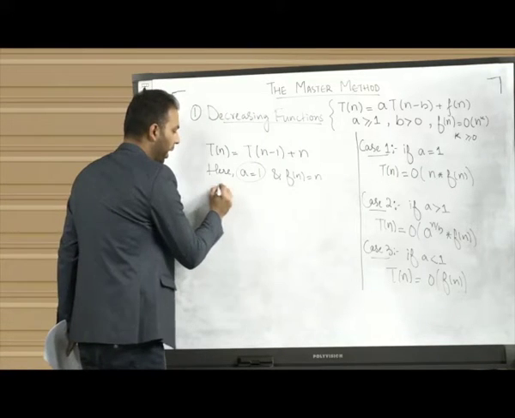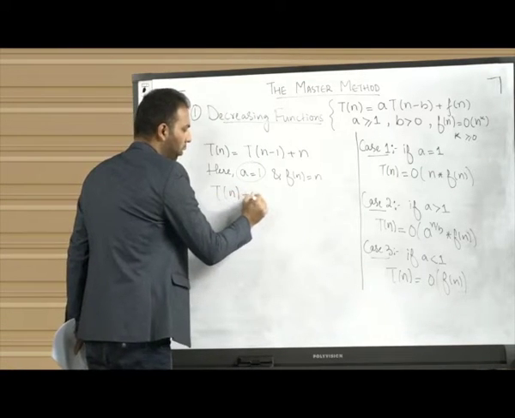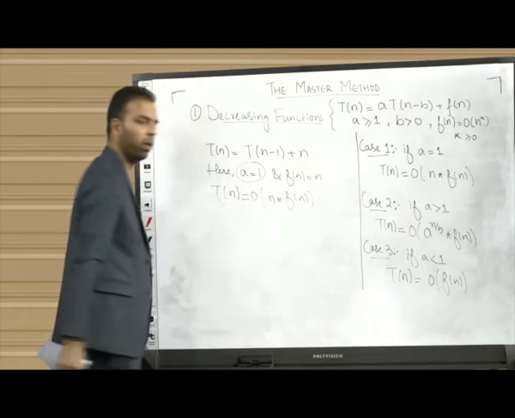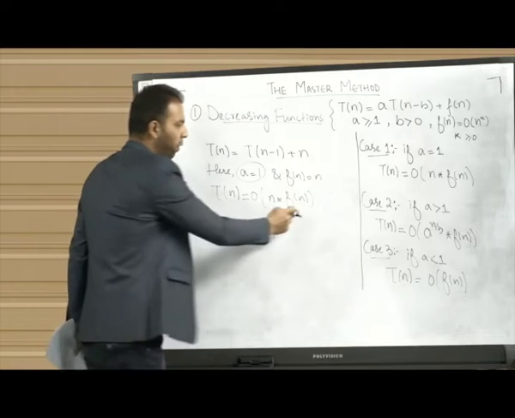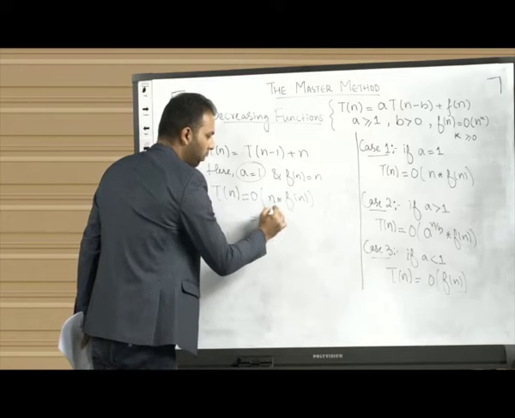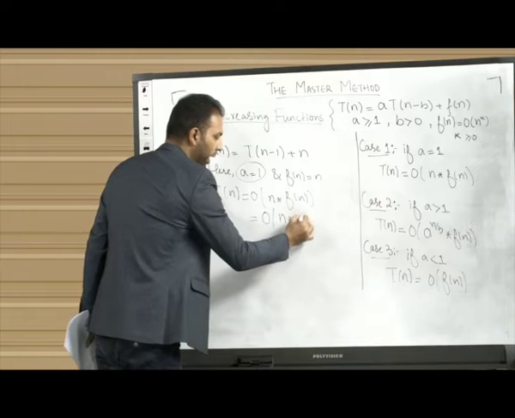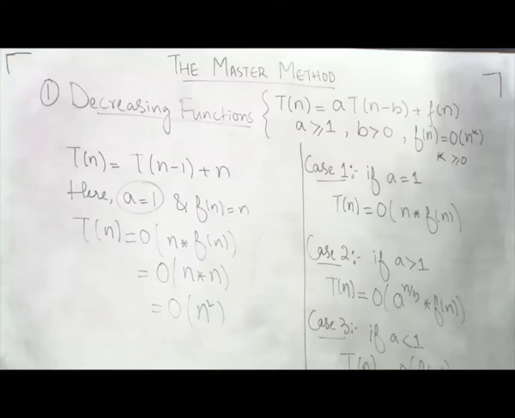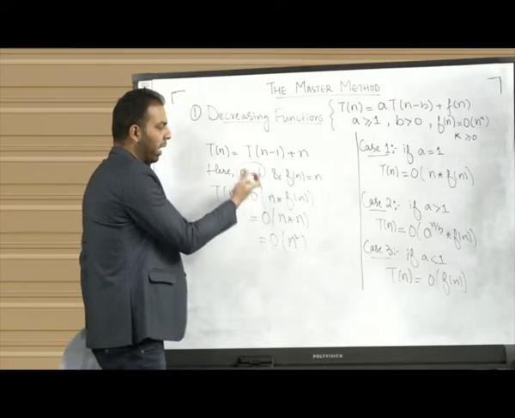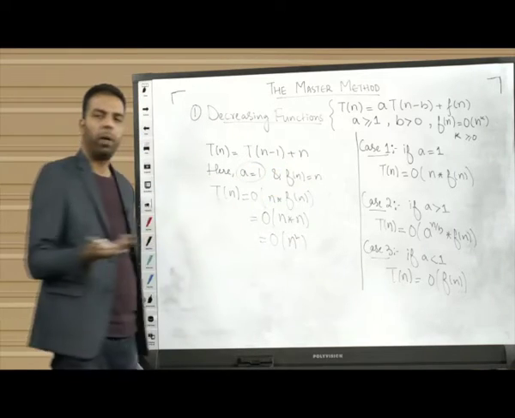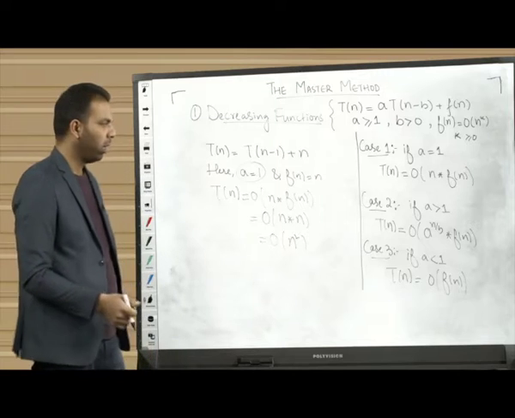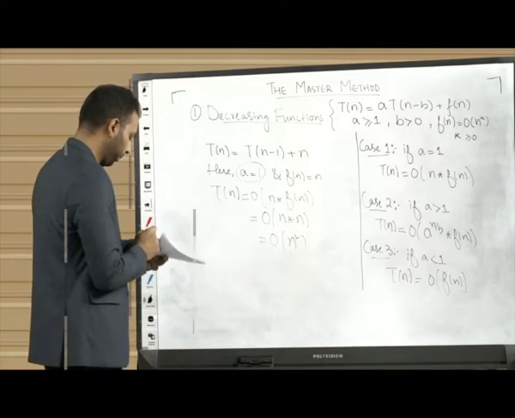So your T(n) will be equal to order of n multiplied by f(n), and f(n) is n. So it will be order of n multiplied by n, which will be equal to order of n square. So we don't even need to solve this. You can directly see that A is 1, f(n) is n, and multiplied by n is n square. I'm just writing here to explain it to you.